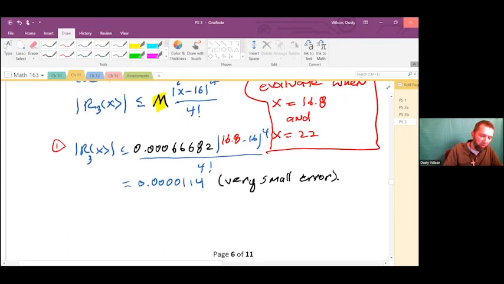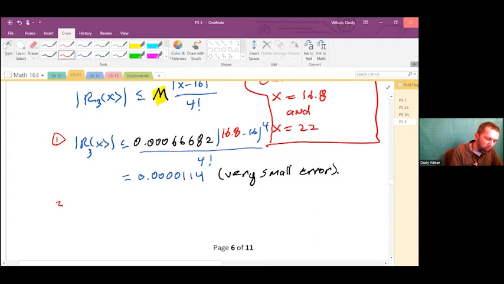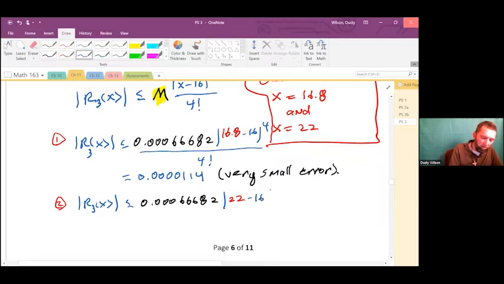So if we do the same thing when x equals 22, the remainder, aka the error, is less than or equal to the same M, 0.000668682, but now we have 22 minus 16 raised to the 4th power, all divided by 4 factorial, which would be all that same stuff, but my 0.8 is now a 6.